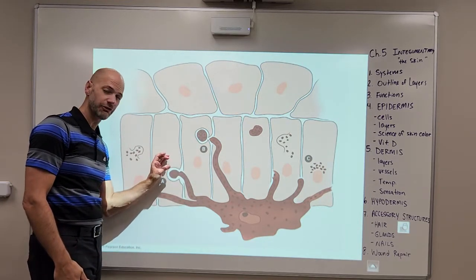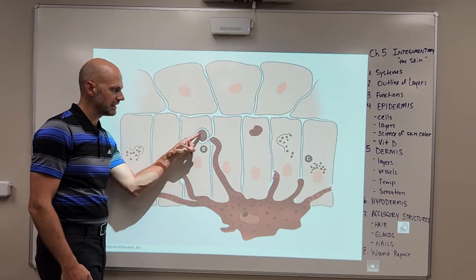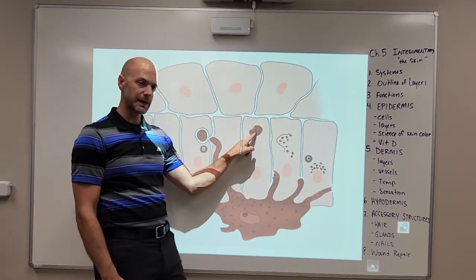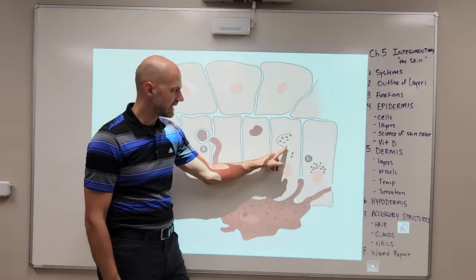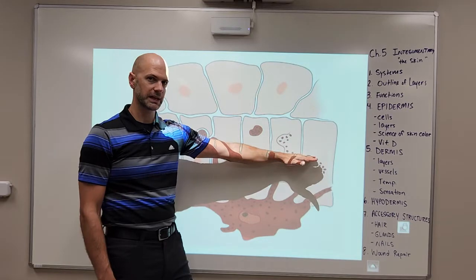So they are really kind of phagocytizing the melanocyte. They bite off a little bit, and the keratinocyte then breaks open that vacuole, and the melanin internalizes inside of the keratinocyte and provides some protection.